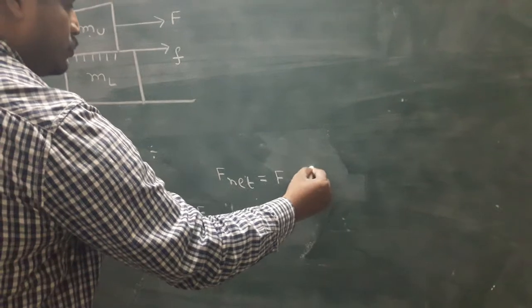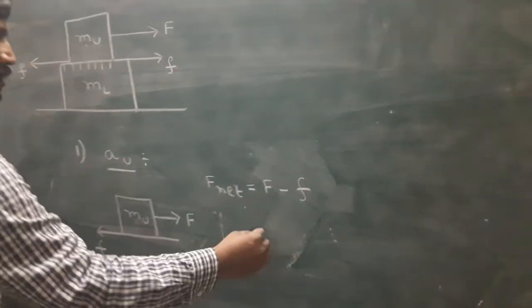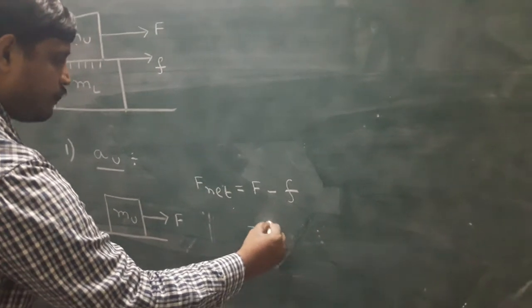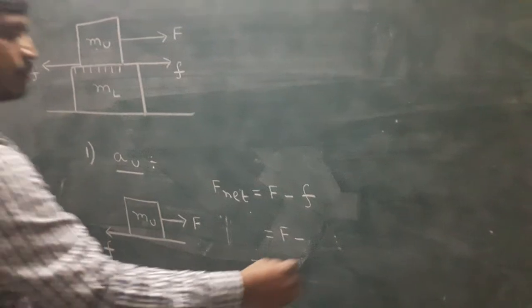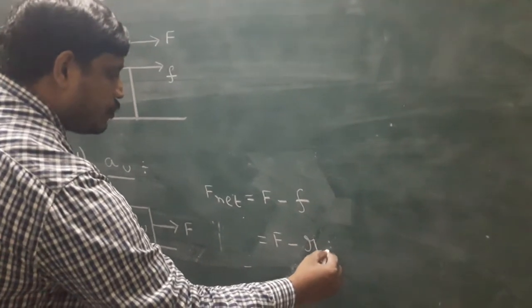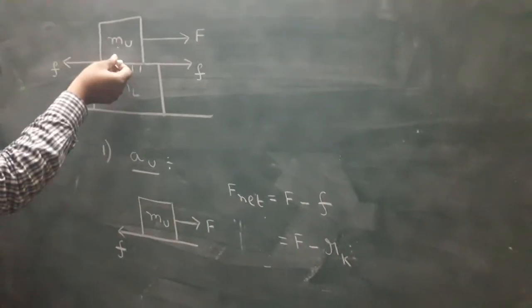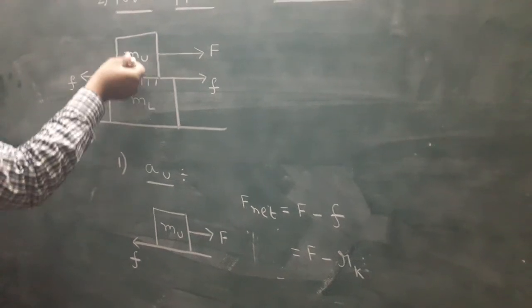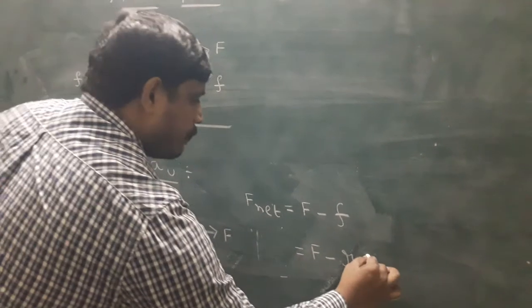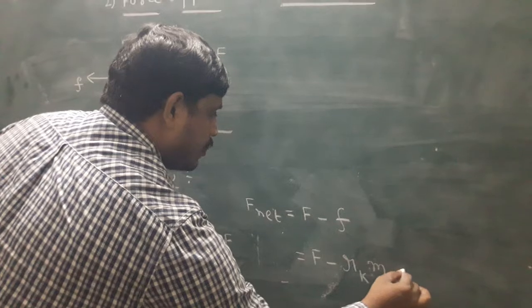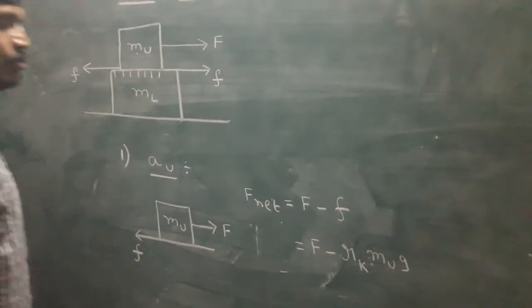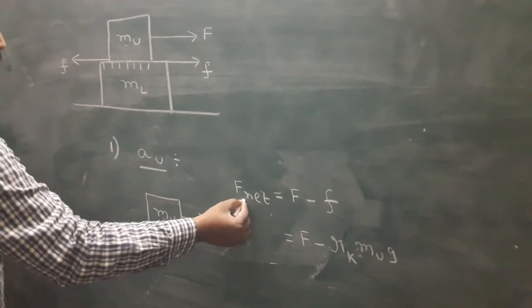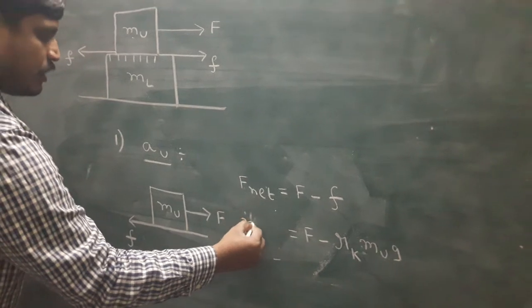Both are in opposite directions, so in between is a minus. Here capital F, and small f means mu into N. N means, on this rough surface, the weight of the mass above, mu into g. Net force is mass into acceleration.